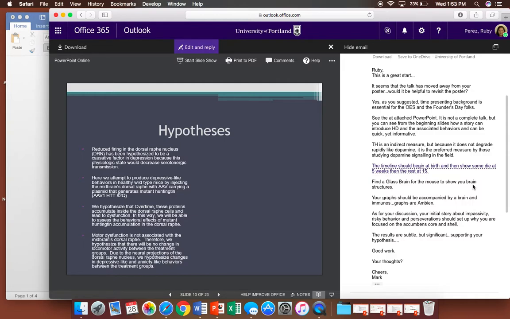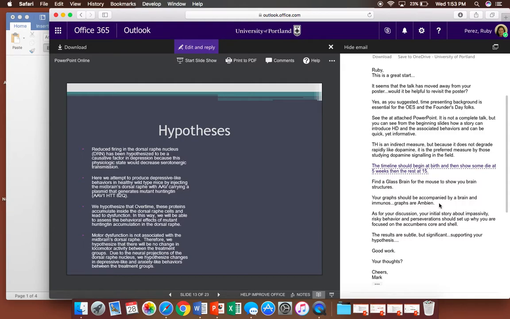I couldn't find anything that I really liked, especially a mouse brain, especially the nucleus accumbens and the anterior cingulate cortex. So I'll continue to look. I only looked briefly, but I couldn't find anything that I thought was good.